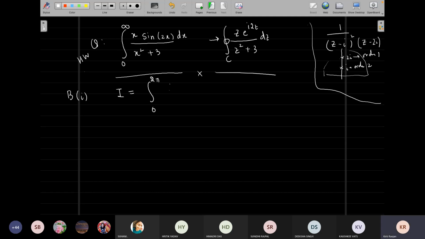B1 kind of things, or in fact for B I have only this one, because these questions come in this form, very different from the proper integrals which we were doing from minus infinity to infinity or 0 to infinity. They are of the type 0 to 2 pi of f of cos theta, sin theta d theta.